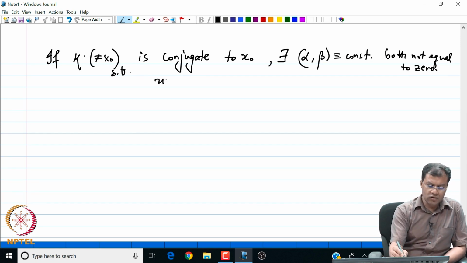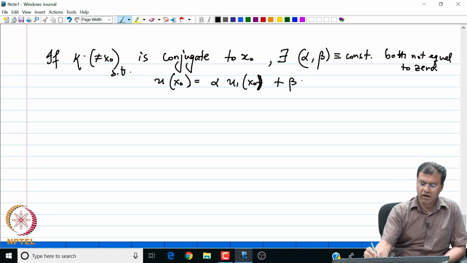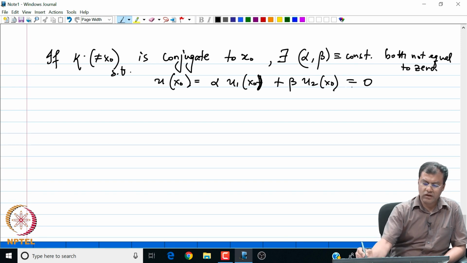Such that u of x naught, which is alpha times u1 of x naught plus beta times u2 at x naught, is equal to 0.